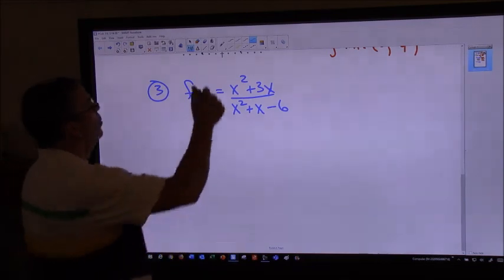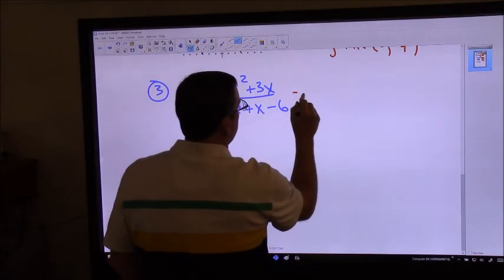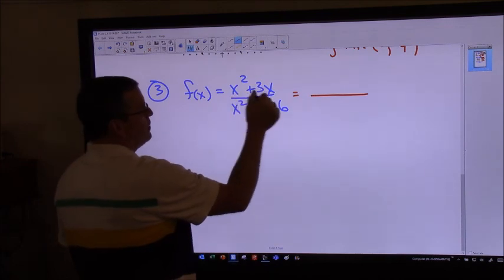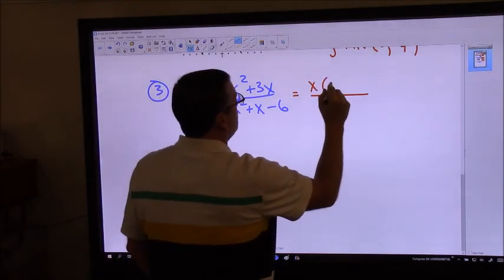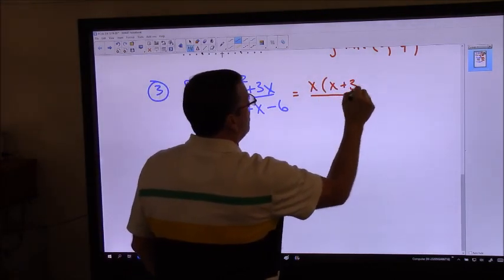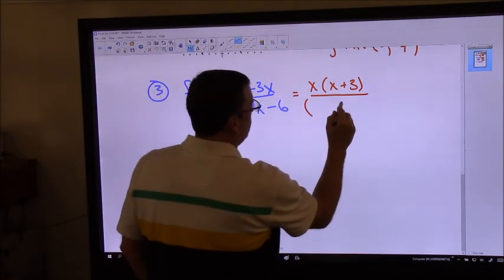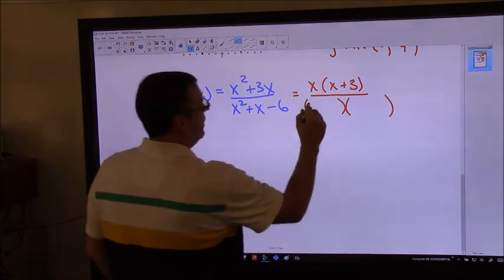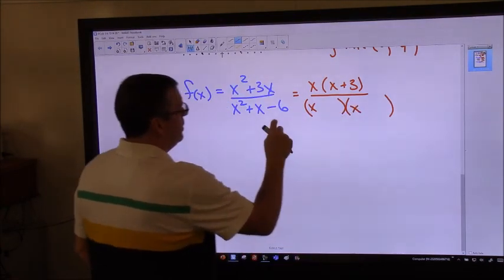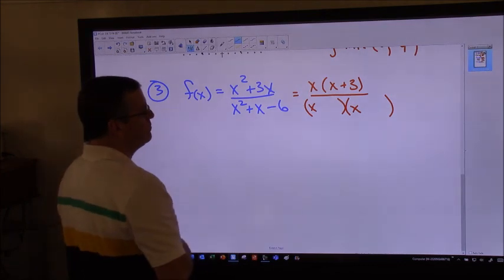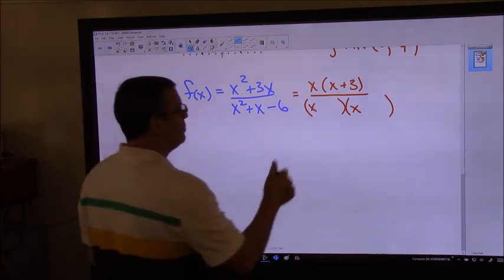All right, so we'll start by factoring. In the numerator, I can factor an x out of each of those. And in the denominator, x times x, two numbers I multiply to get 6 and subtract to get 1. Sounds like 3 and 2.